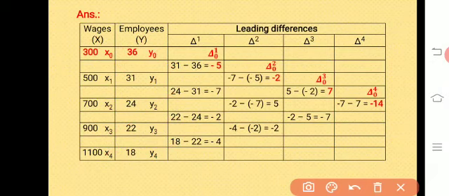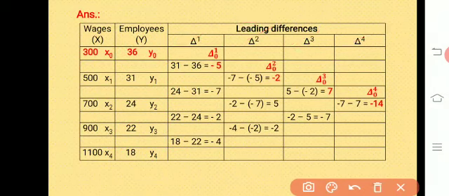Then we have to find the leading differences. Leading differences are required here, that is delta raised to 1, delta square, delta raised to 3, delta raised to 4. Now let's see how to find these leading differences.